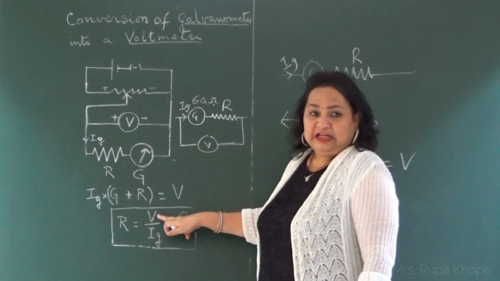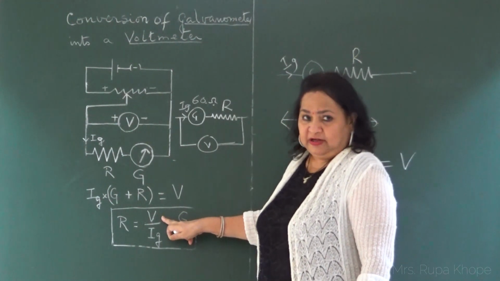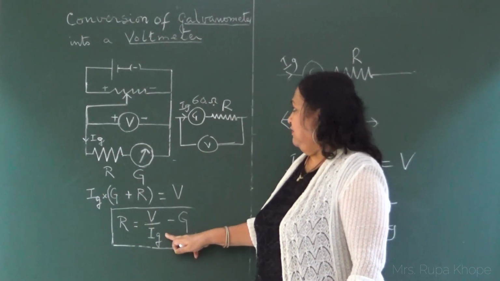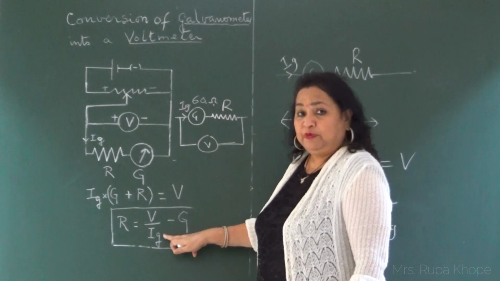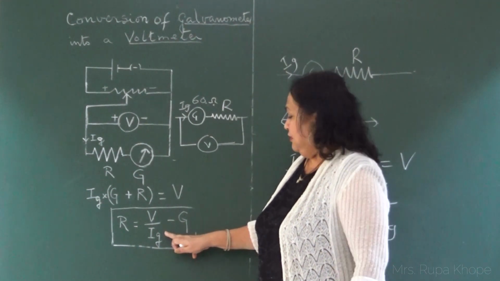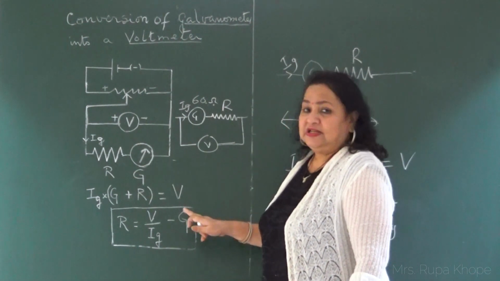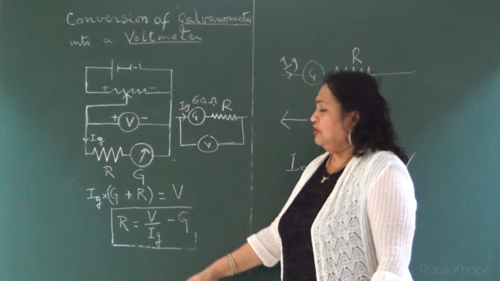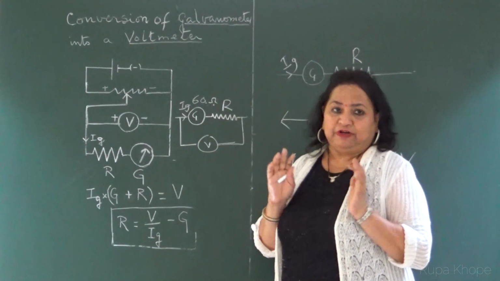V is 0 to 3, so 3 volts you have to write here. Ig is the maximum current which can flow through the galvanometer, 420 microamps, converted to amperes. And G is the resistance of the galvanometer, which you already found out. After substituting in the formula, we'll get some value and we'll think about it later on.